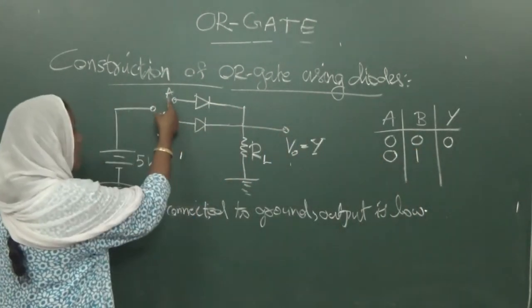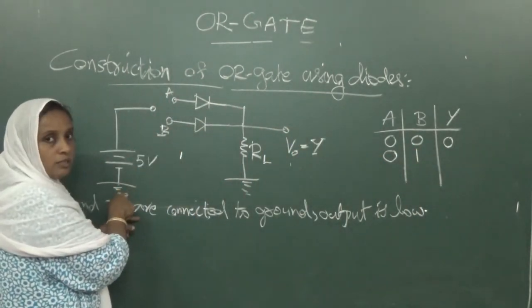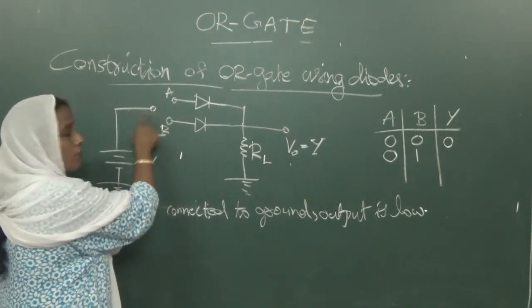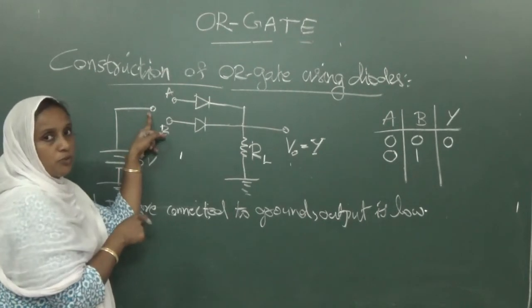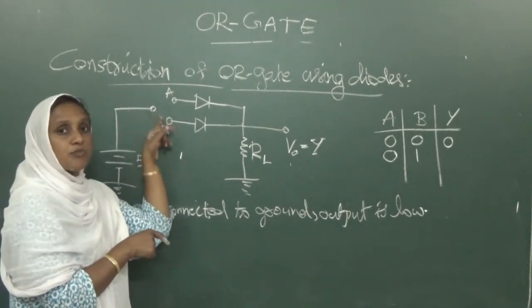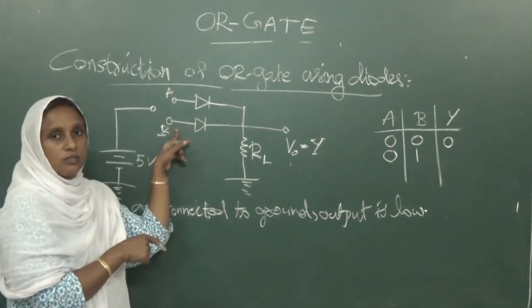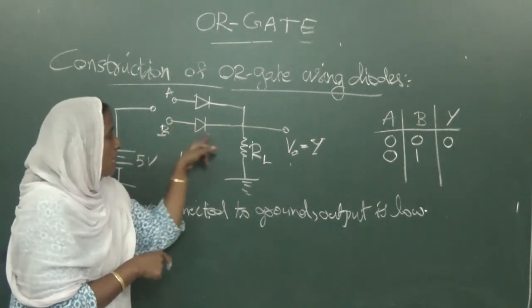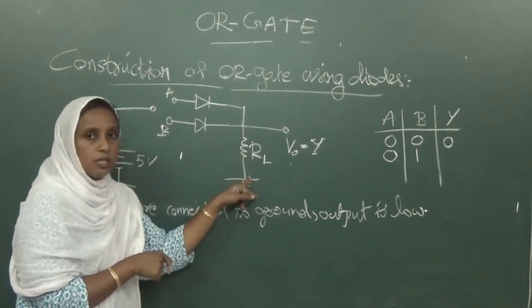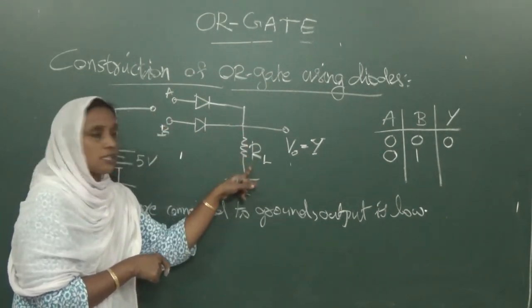That means A is connected to ground, but B is connected to positive. B is connected to here, positive. So what happens? Here the voltage is high. Here comes 5 volt, positive 5 voltage. So this diode is forward biased, and so conduction occurs through this. There is current flow through this resistor RL.